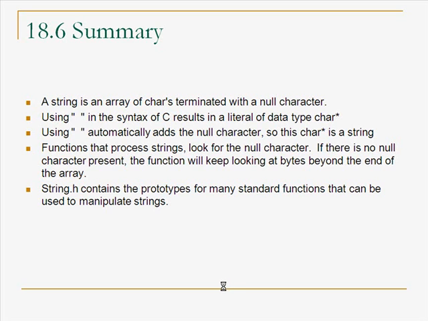There are many functions that process strings, and they do it by looking for the null character. If there's no null character present, then the function will keep looking at bytes beyond the end of the array, and this is always a mistake. And string.h will contain the prototypes for many of the standard functions. If you include that, it will make those available to you, and you can manipulate strings using the standard functions.